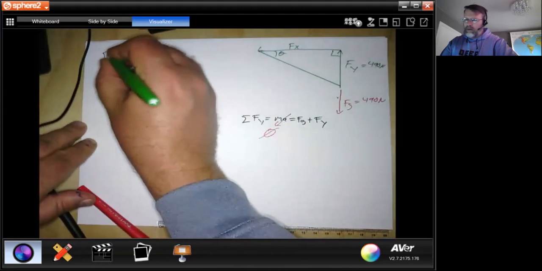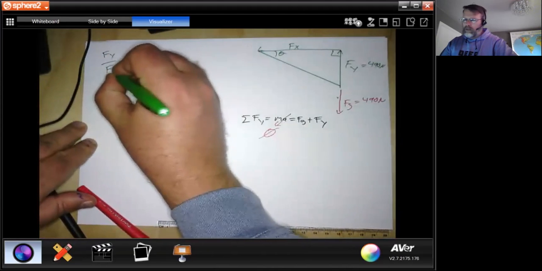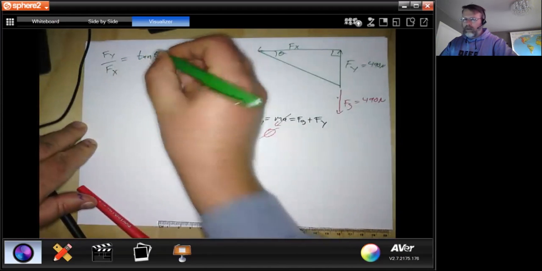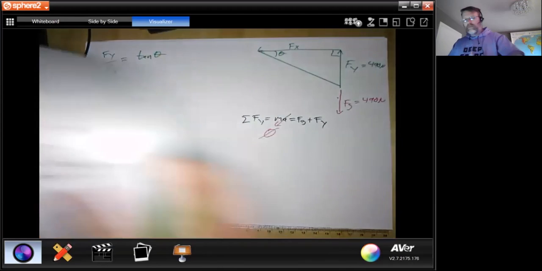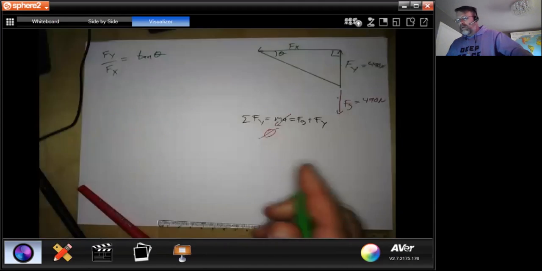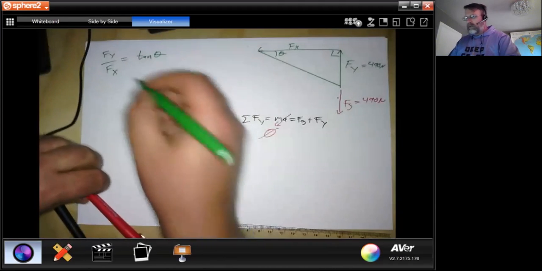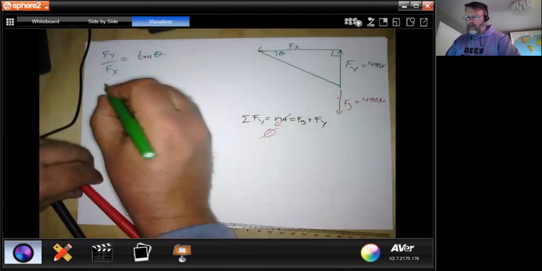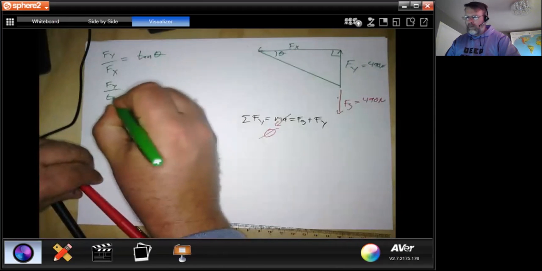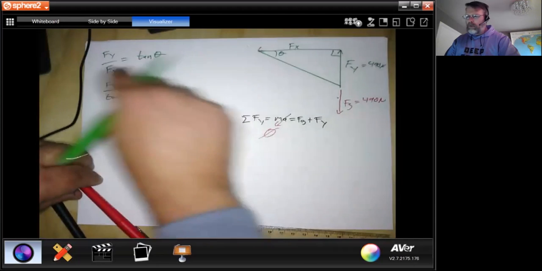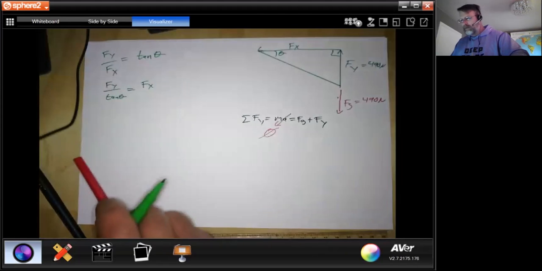Opposite over adjacent equals tangent of theta. If you remember, I wrote down the tangent of theta is 3/4. So now we can plug in these numbers. Remember, we're solving for f of x, so I just rearranged that to give me this.